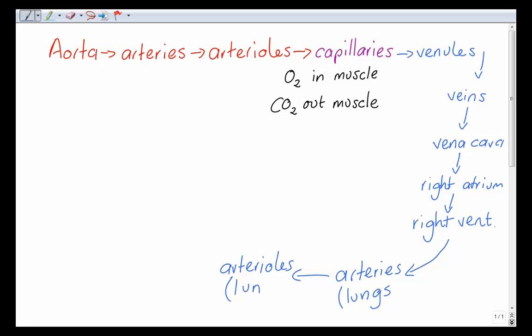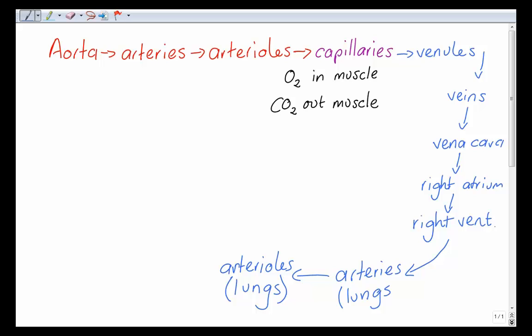You can see that this is exactly the same as the blood flow around the body, it's just in the lungs. But the actual constitution of the blood in terms of oxygen content is what is different. In this case I'm writing in blue because there's a lot of carbon dioxide, not a lot of oxygen.